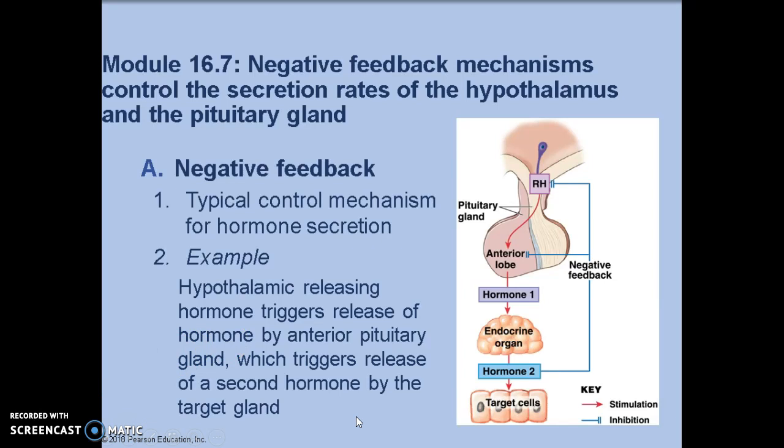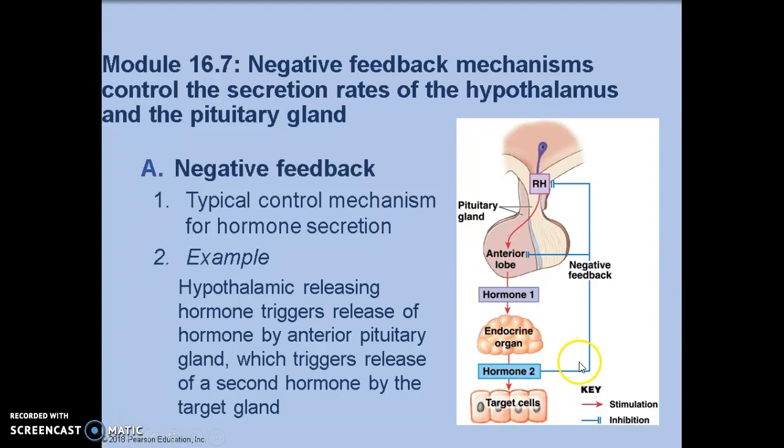As you already know, negative feedback is important in controlling hormonal secretion. For example, the hypothalamic releasing hormone triggers the release of the hormone by the anterior pituitary, which triggers the release of a second hormone by the target gland. You can see in this picture here, here's our target gland, and it's going to release the second hormone.